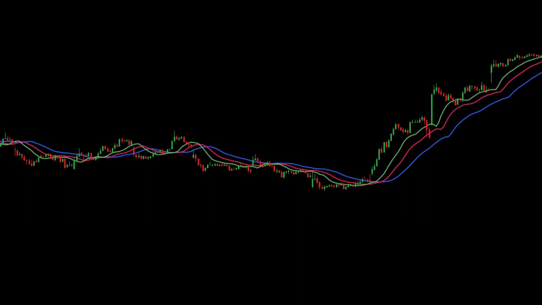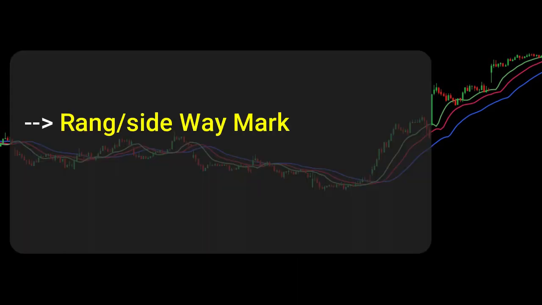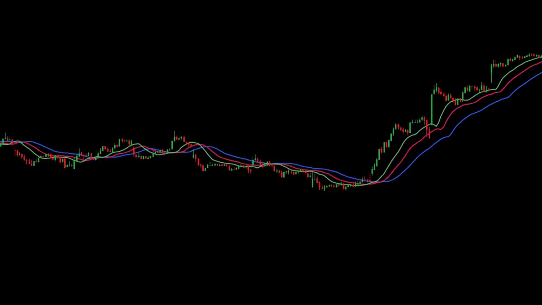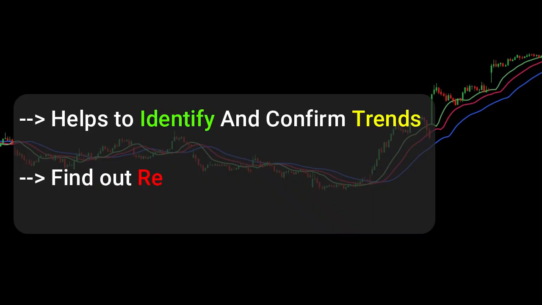Alligator indicator trading is based on the assumption that markets mostly range, move sideways, and move only in trends about 15 to 30% of the time. The longer the market has been ranging, the more prominent the subsequent trend, which is where traders can potentially make the most profit. It helps to identify and confirm trends, as well as possible reversals.